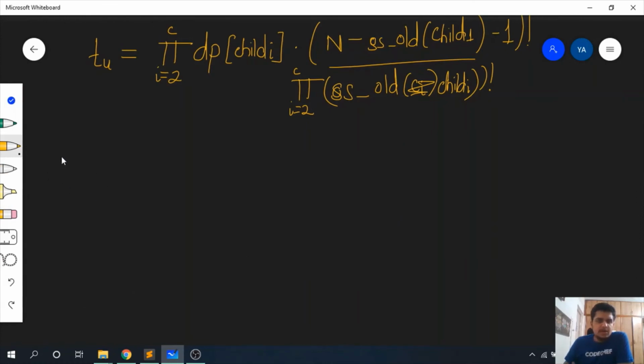Now here we know that C1 is the parent of u, because we have now rerooted the tree at C1.